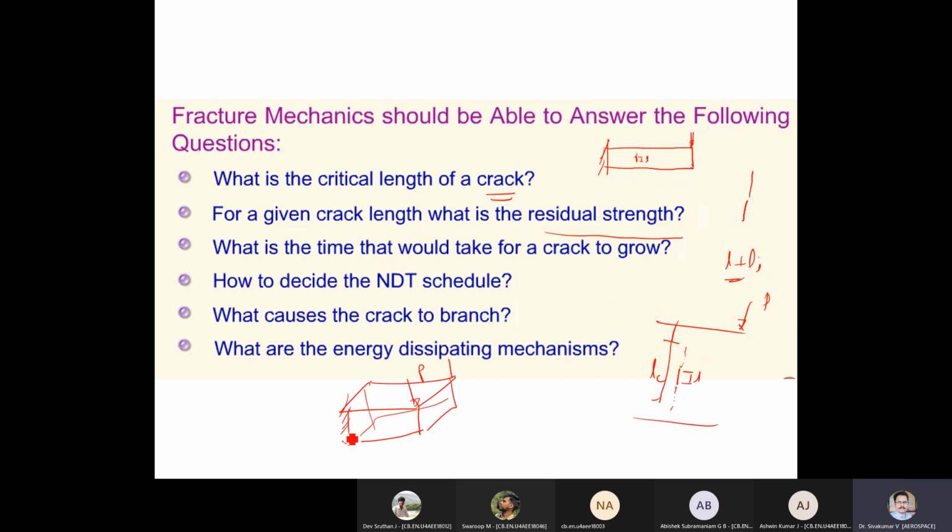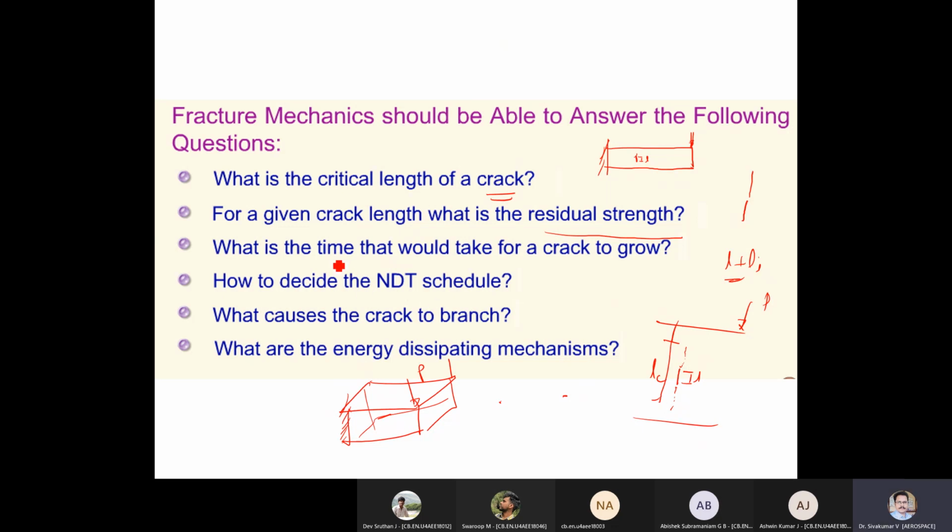If I operate the component with a crack inside, obviously the strength will come down. So what is that estimation? With crack and without crack, how much did the strength come down? One can make that estimation.